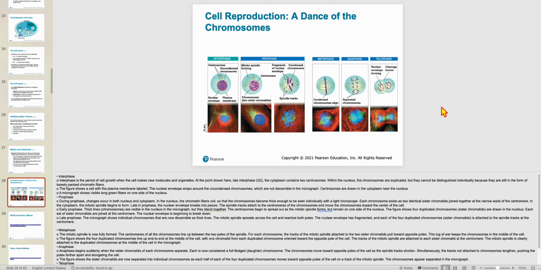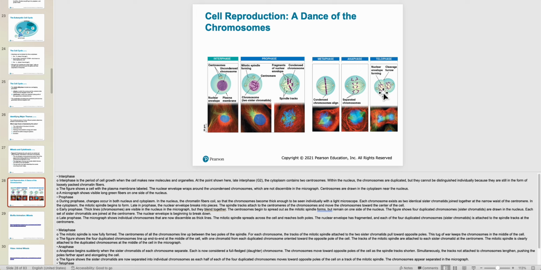And then what happens? You separate them out. That's anaphase, when you're actually separating out the chromosomes. And then we end with telophase, where now we have copies on each side.